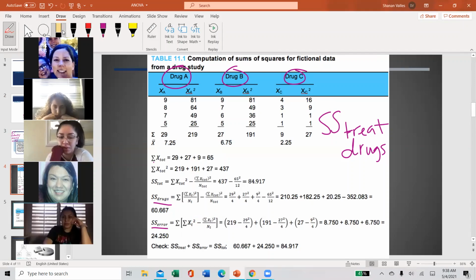So what they're doing is they just do that very familiar formula that we've been doing for standard deviation, and they're going to now do it for each group. Okay, so this is like drug A group, drug B group, and drug C group right there, right? The 219 minus the 29 squared divided by that.